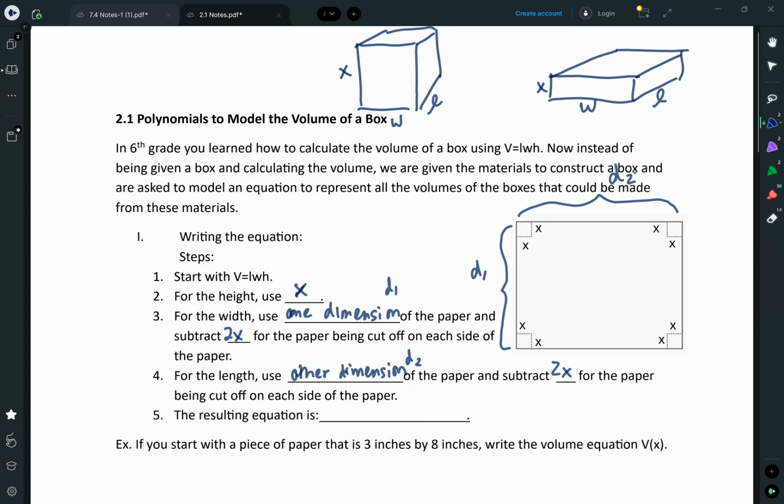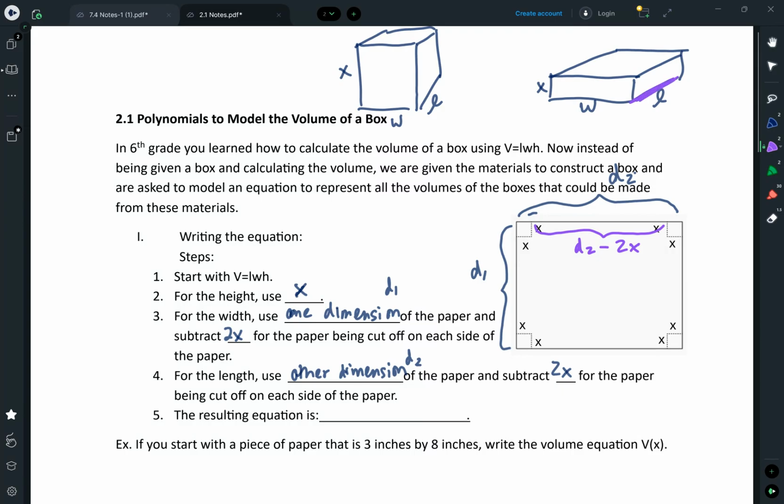So then let's think about how to write our equation. If I think about length times width times height, my length I have as D2, but I'm subtracting the 2x's out. So this part here, from here to here, is going to be D2 minus 2x. And that's the actual part right here along that box, right?